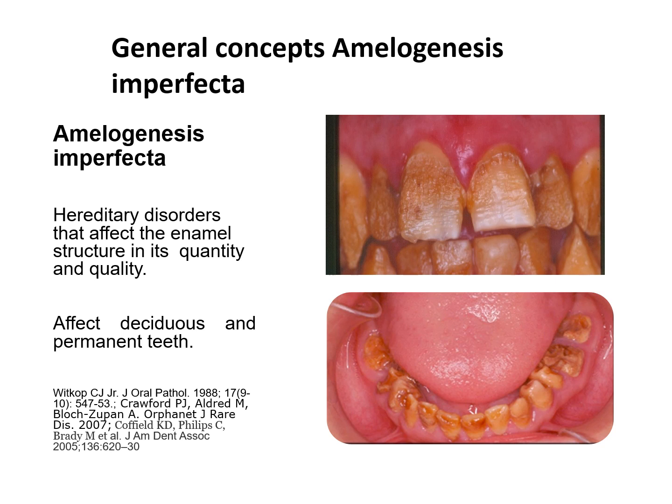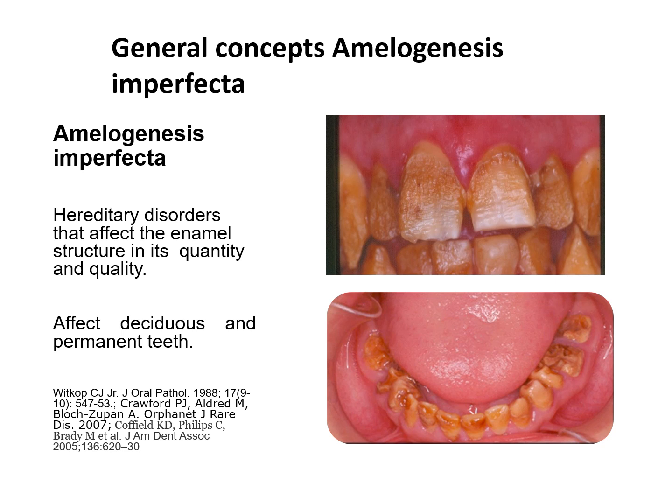Amelogenesis imperfecta is defined as a hereditary disorder that affects the quantity and quality of enamel structure when mutations occur in genes that encode proteins involved in enamel formation.